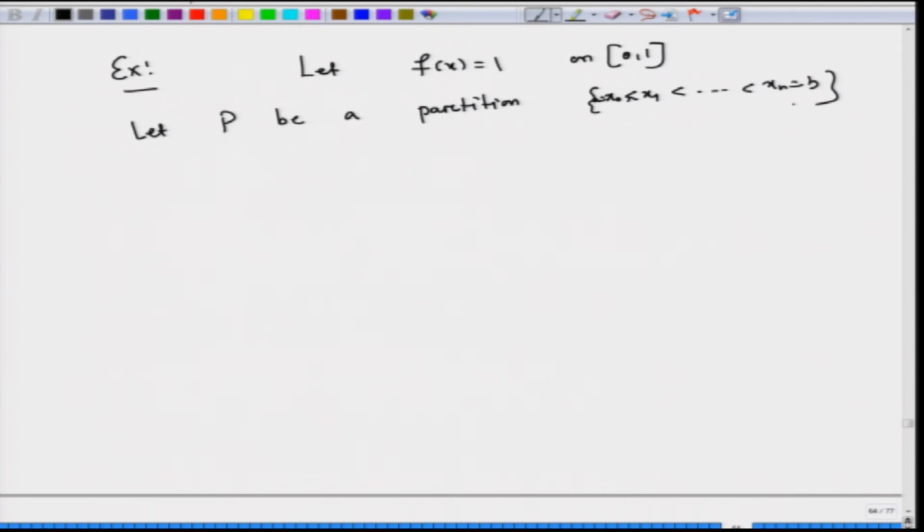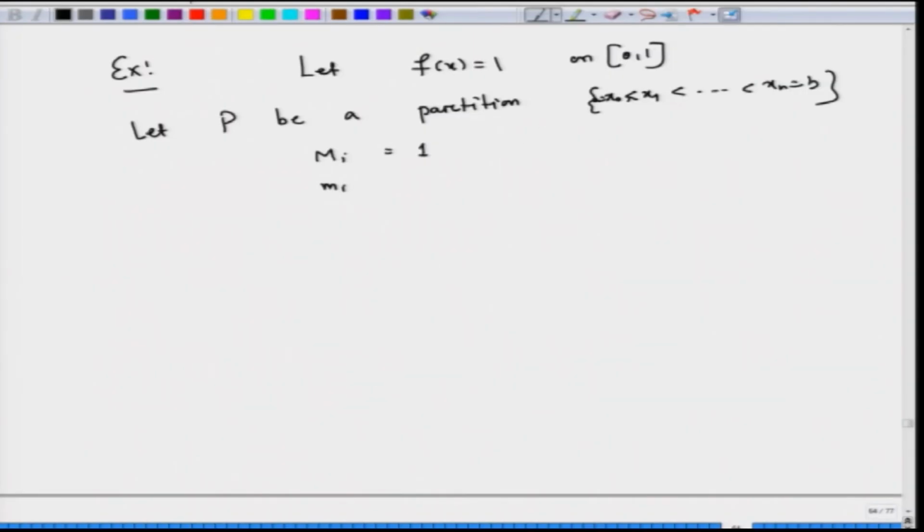Consider this partition, any partition for that matter. Now, we are interested in capital M_i and small m_i. Capital M_i is the supremum, the maximum of f(x) when x is in [x_{i-1}, x_i]. Here f(x) is the constant 1, therefore this is going to be 1 for all i. Similarly, because this is a constant function, small m_i is also 1 for all i.